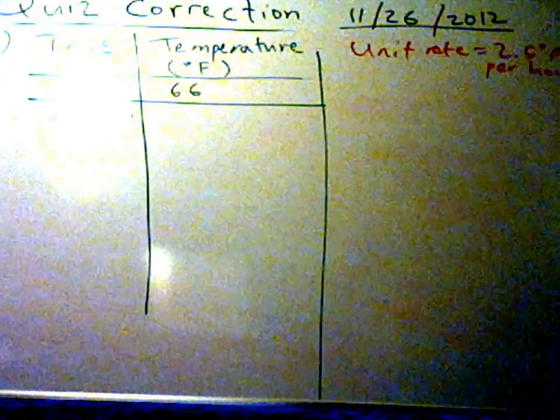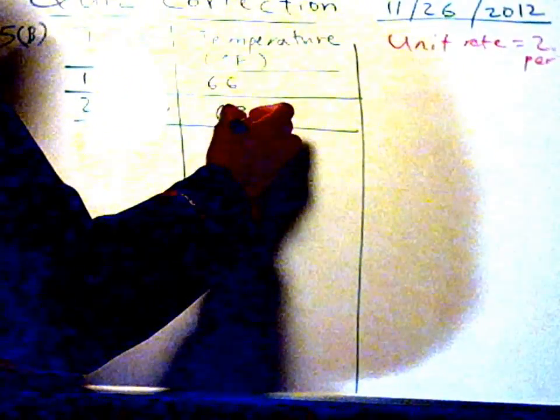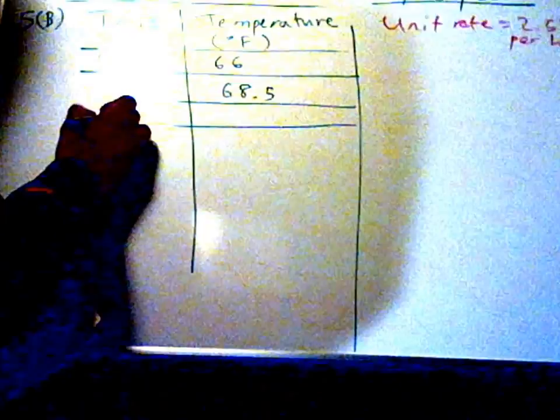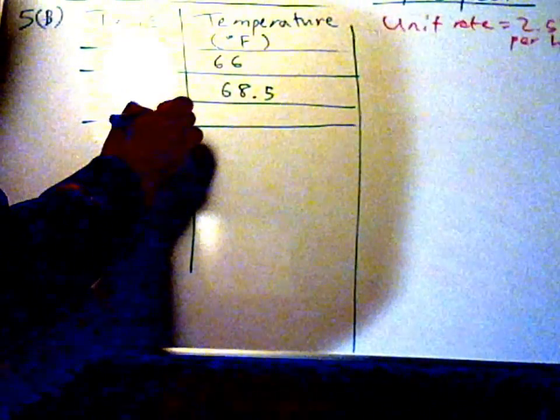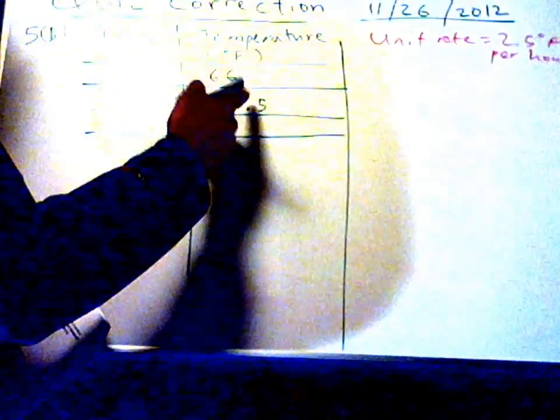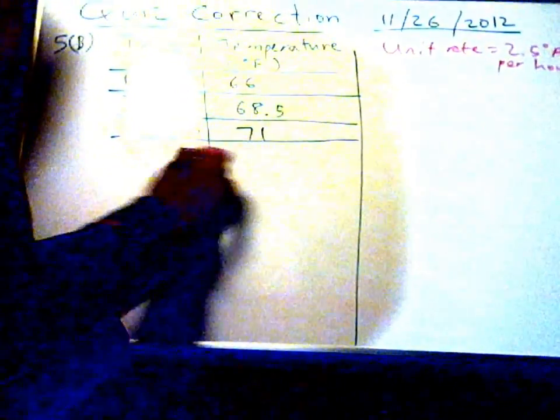So we're going to use that fact to help us here. So at 2 p.m. you just add 2.5, you get 68.5 degrees Fahrenheit. At 3 p.m. you add 2.5 and get 71.